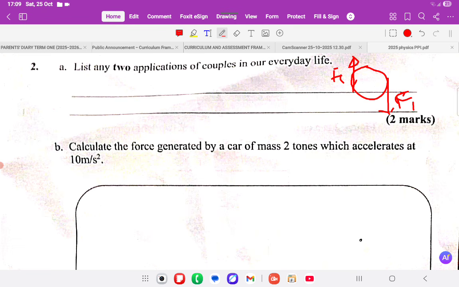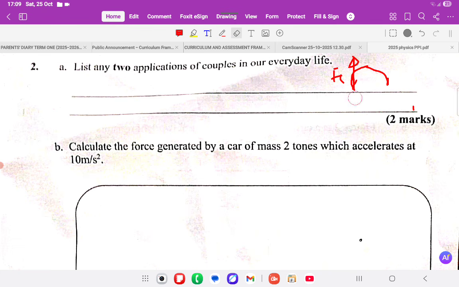A couple is just 2 equal but opposite forces. So in this case, force F1 is equal to F2. And take note they are opposite, but their lines of action will not meet. They are parallel forces.